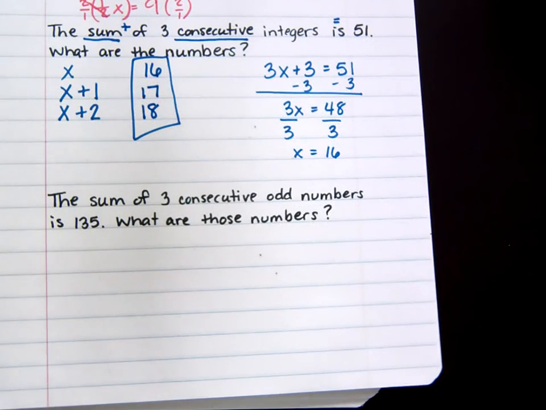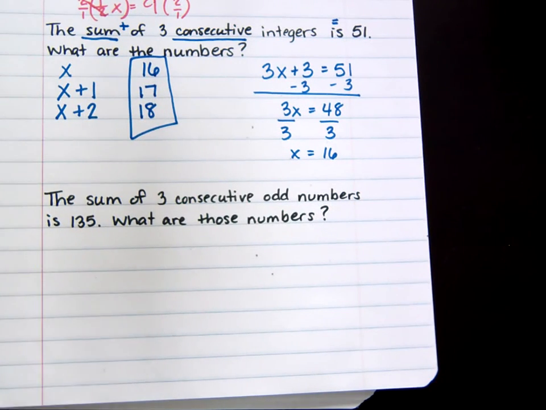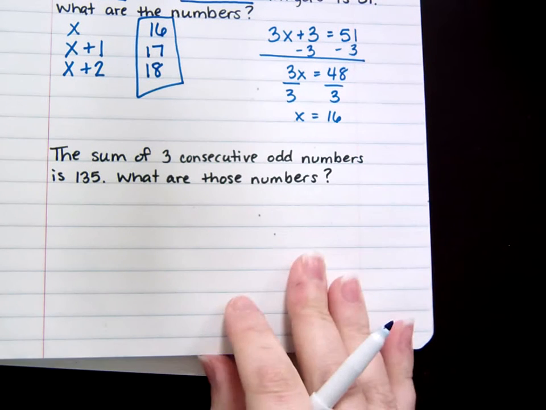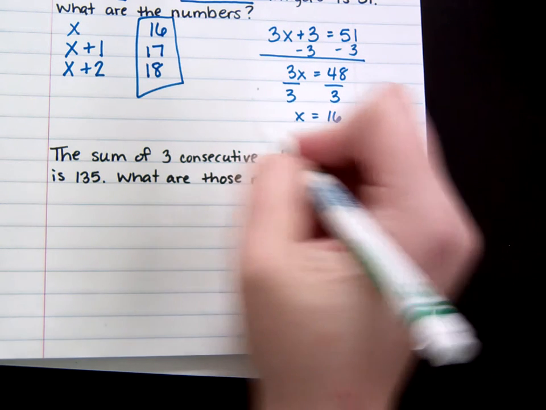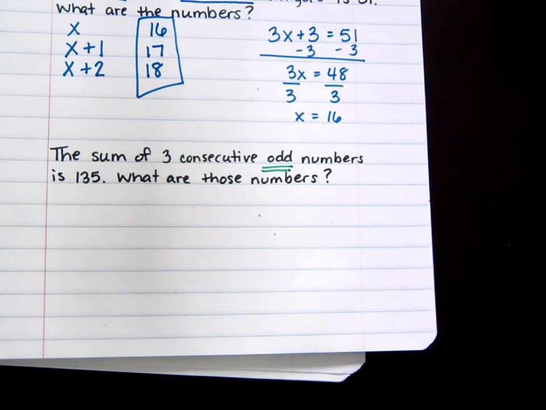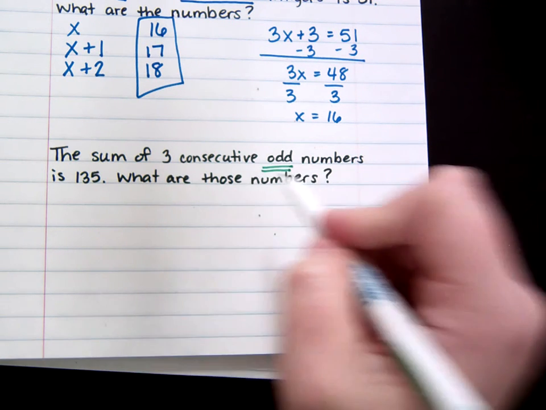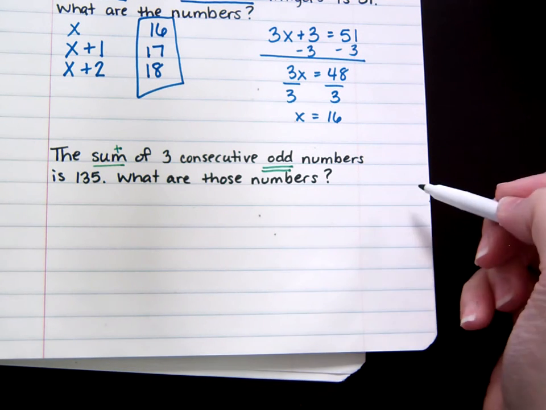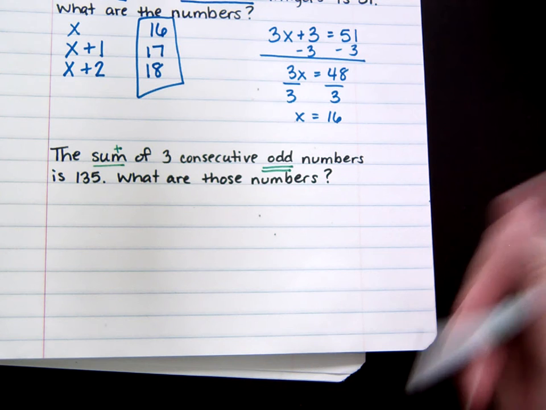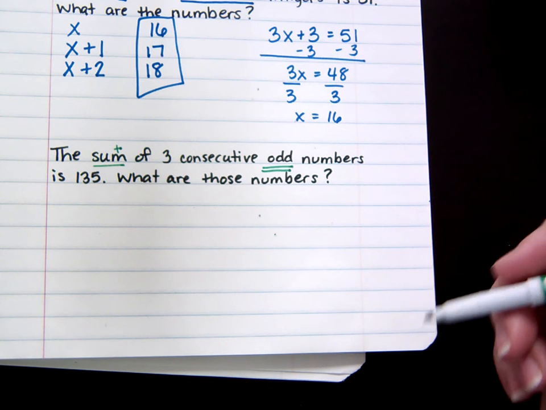The next one is a similar problem, but you do need to be careful and pay attention to all words, because in the next problem, one of the biggest differences is that they're odd numbers. So the sum, addition, of three consecutive odd numbers, so three odd numbers in a row, like 1, 3, 5, or 11, 13, 15.